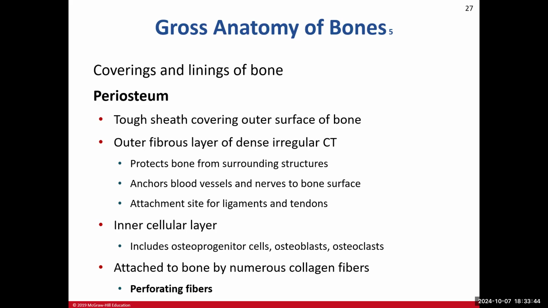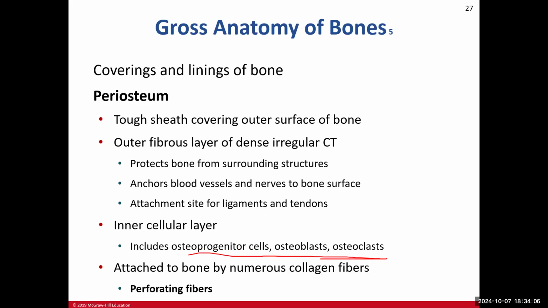But all of these cells have to do with producing bone. They play a role in bone production. The last one does play a role, but it's more of a destructive role, but we'll talk about that. So that's what we're going to see with the periosteum.